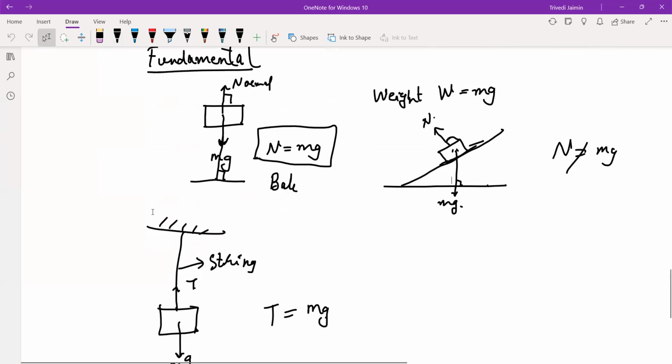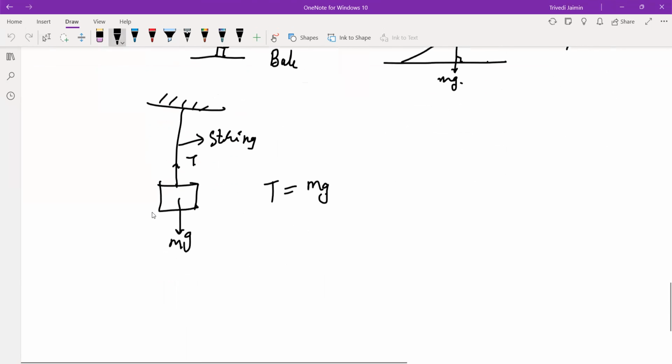Okay, then let's go with the friction force. What is friction force? A force that resists motion.